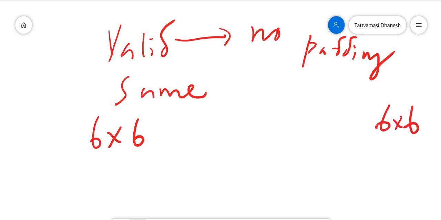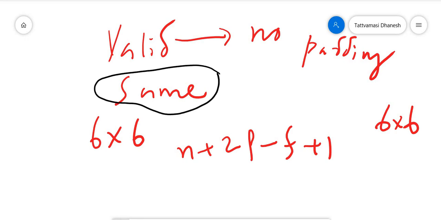In that case, if you are getting the same size, you can calculate the equation for padding as well. For example, your equation is n plus 2p minus f plus 1. This is the output. In the case of same convolution, the output must be the same, that means this must be equal to n. Then what would be the value of padding?